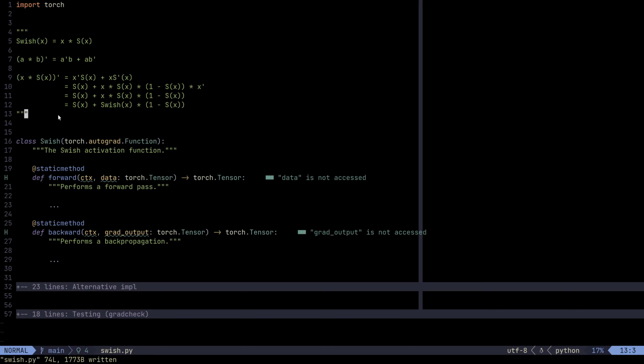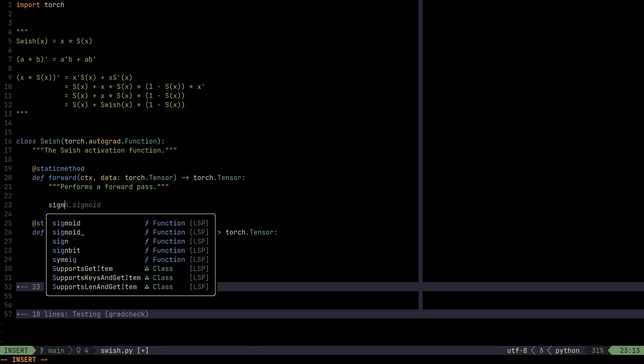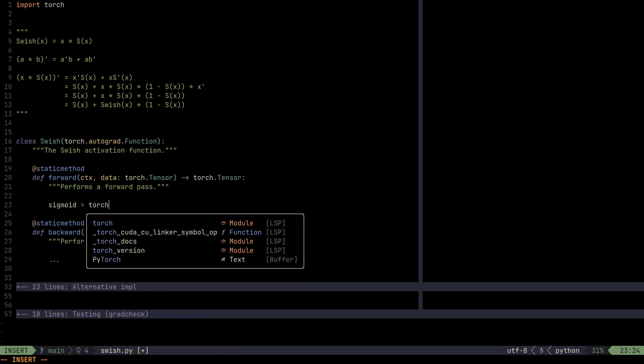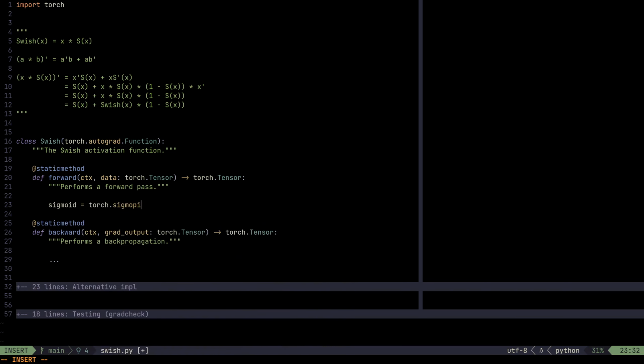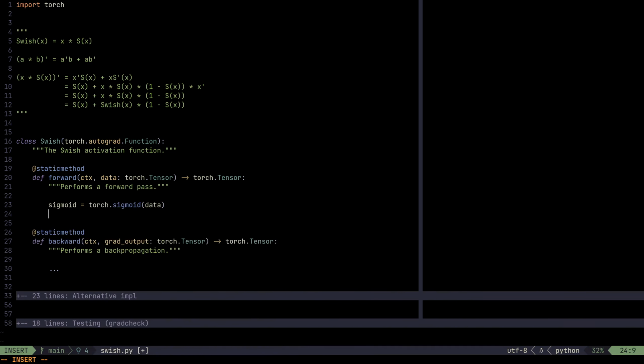Now that we know how to compute the gradient, or the derivative, we can go ahead and implement the Swish activation function. We can start with the forward method here. The way we're going to do this is that we're going to first compute the sigmoid. So sigmoid is torch.sigmoid of data. And then we can compute the Swish value. It's going to be data times sigmoid.